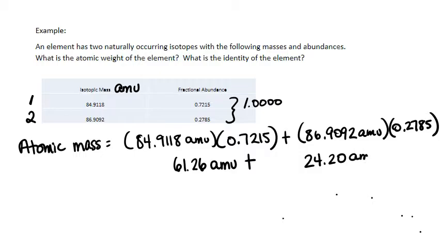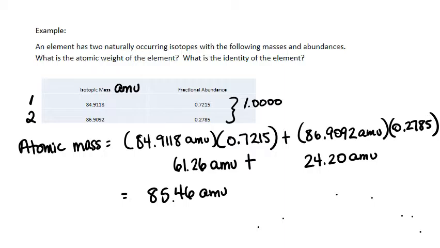Those are also AMU, and when I add those together, 61.26 plus 24.20 is 85.46 atomic mass units.